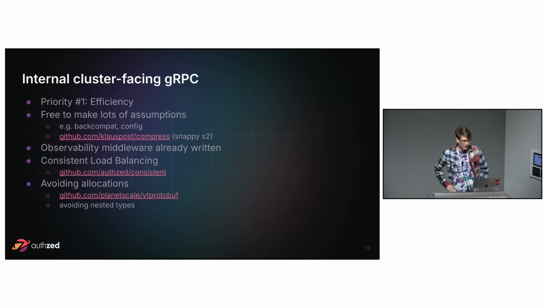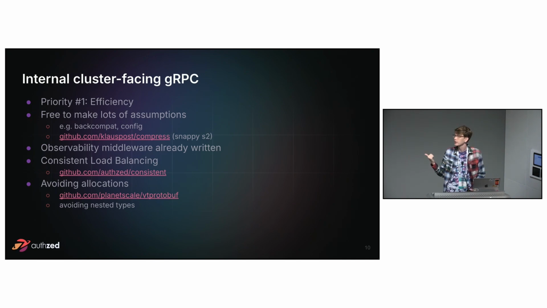And then basically the crux, which is great if you were here for the talk right before this, is that avoiding allocations is the number one way you get the best performance in a garbage collected language like Go. So to do that, we use a library called vt-protobuf. What this does is it avoids reflection in the Go programming language, which is how the built-in Google-provided protobuf marshaller and unmarshaller function.